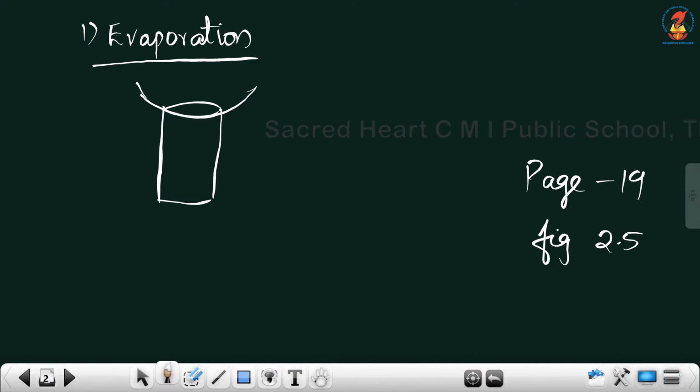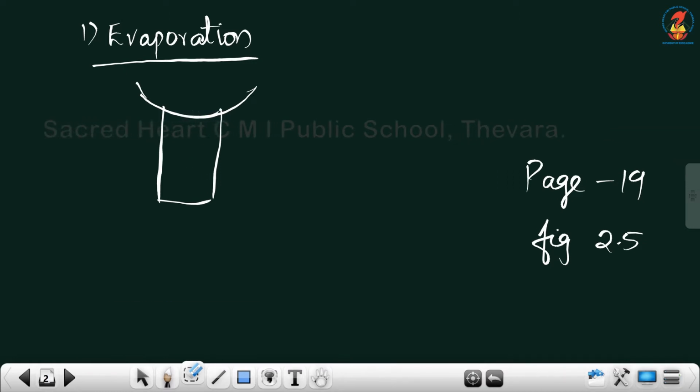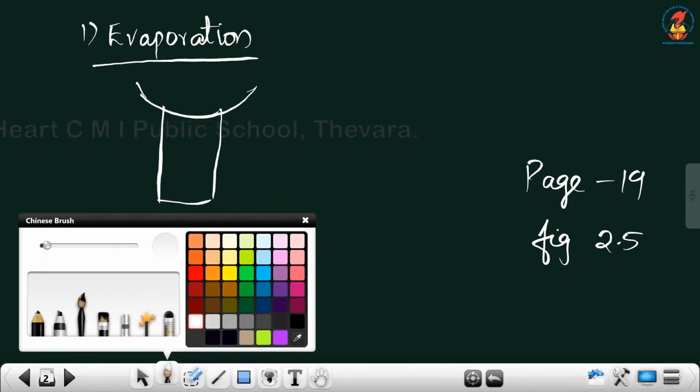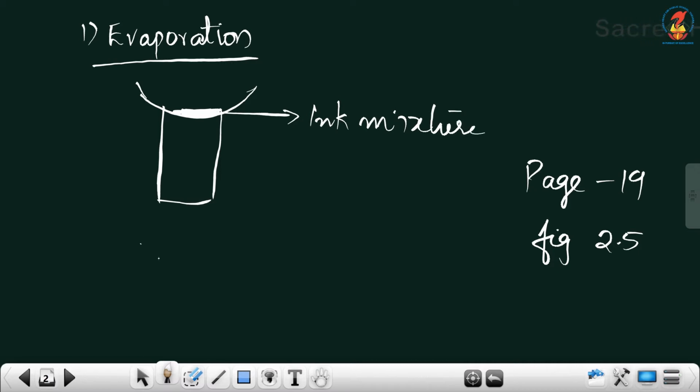Now we are taking the beaker, and above this beaker we are keeping the watch glass. In this watch glass we are keeping the mixture to be separated, suppose here the ink mixture. Then we are keeping the tripod stand.